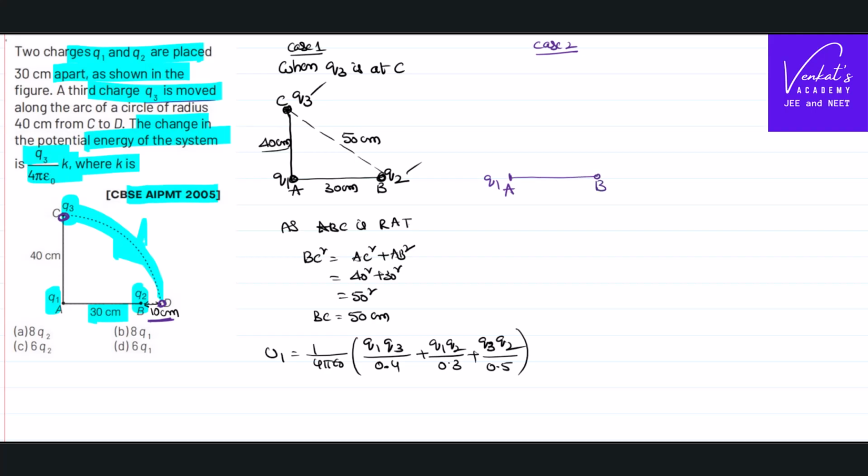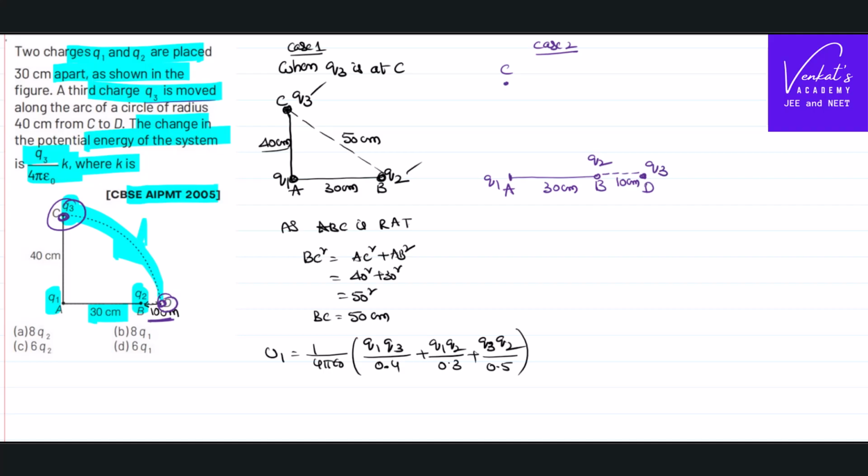At B there is Q2, that is also not changed. But Q3 is not at C, it has moved to D. So, I have to write there is a point C, but there is no charge at C. It is moved to a point D where this distance is given to you as 10 centimeters. Of course, this distance is given to you as 30 centimeters. And here is the Q3, this is the new system.